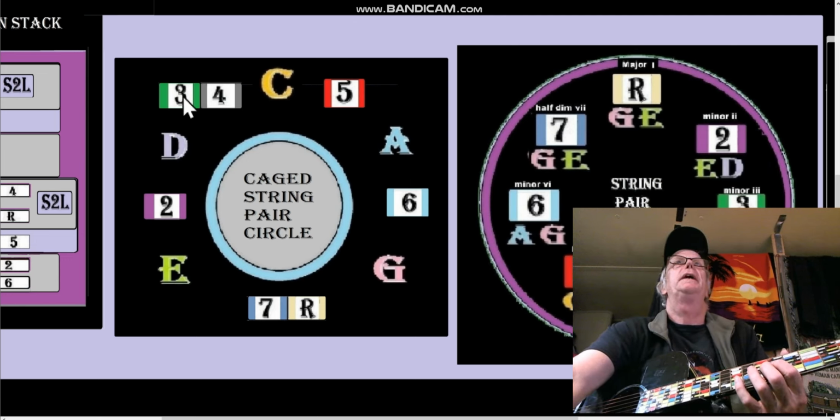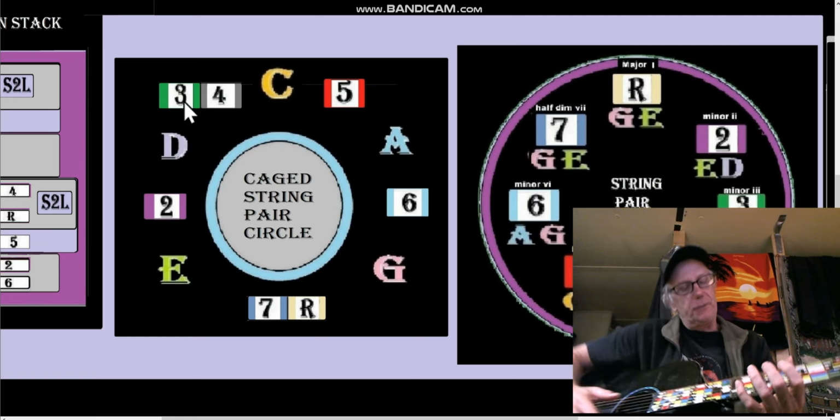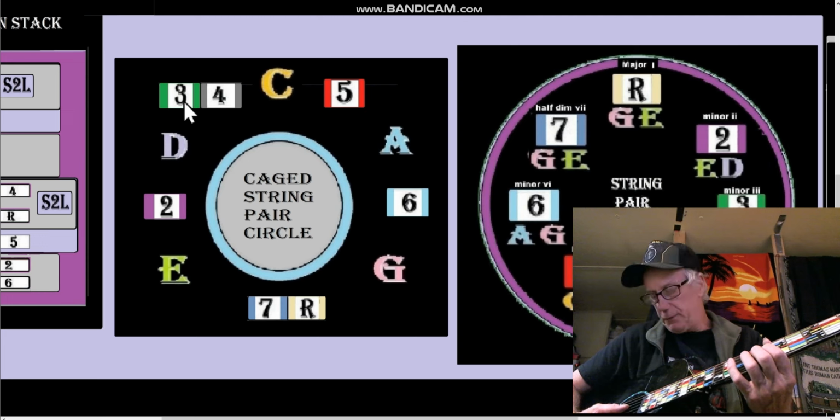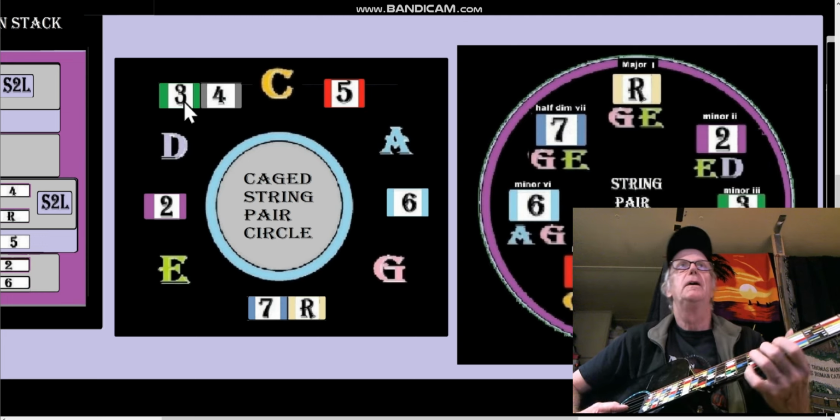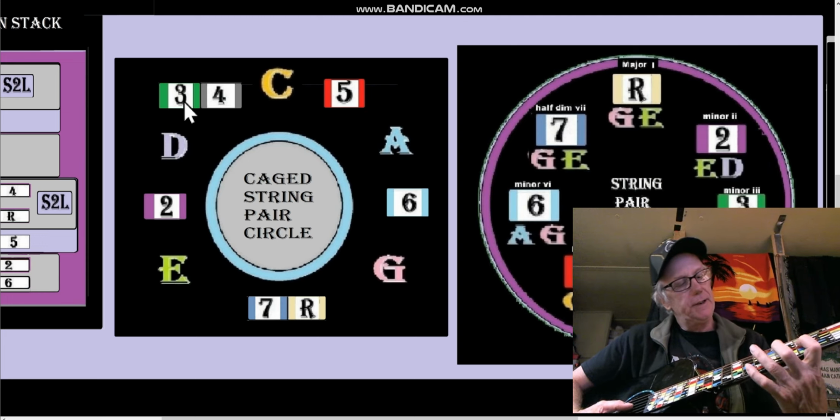So we're looking at the 3 and the 4. You can see if you look at it as the cage circle C, A, G, E, D, and you know that you're on the 3 and you were on that D shape from the diagram, right? You know that D goes to C.